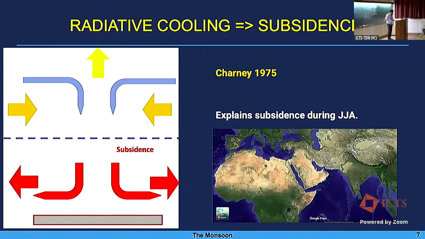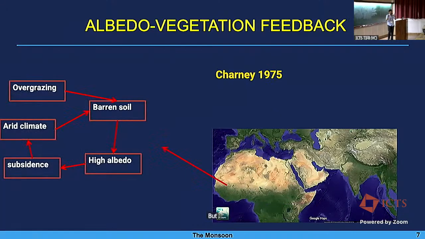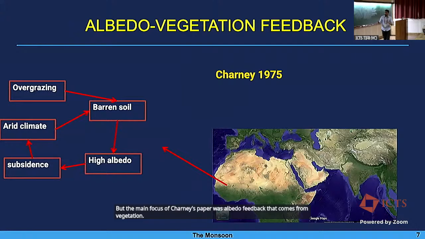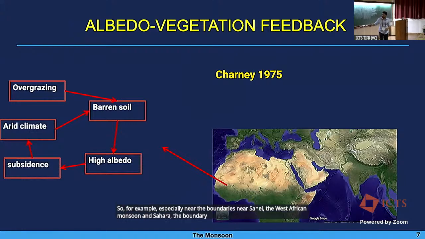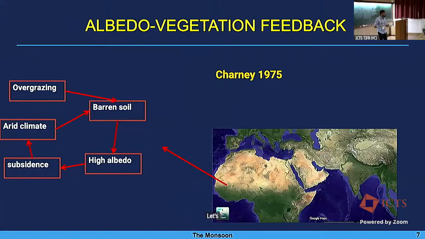But the main focus of Charney's paper was an albedo feedback that comes from vegetation. So, for example, especially near the boundaries, near Sahel, the West African monsoon and Sahara, the boundary between these two, if for some reason, let's suppose overgrazing, vegetation decreases, that exposes barren soil, which has higher albedo.